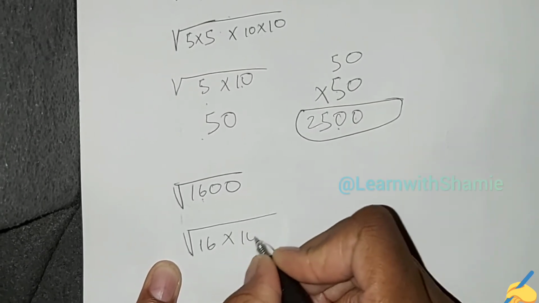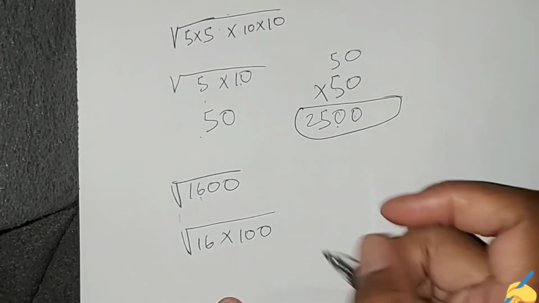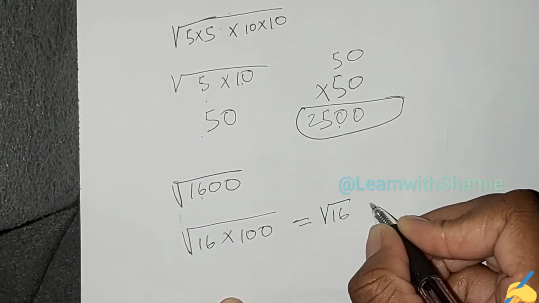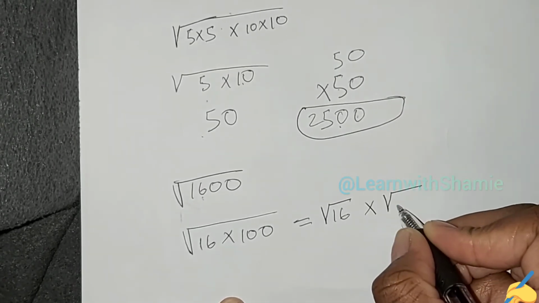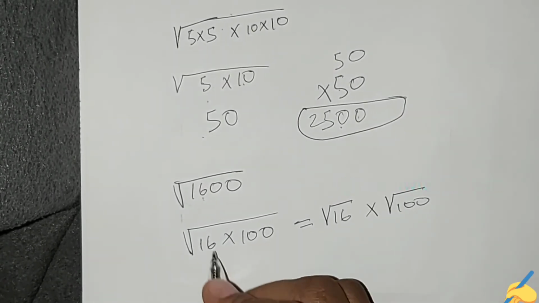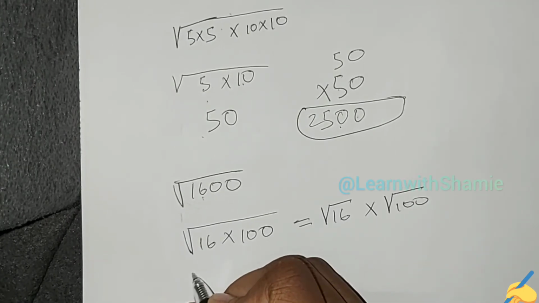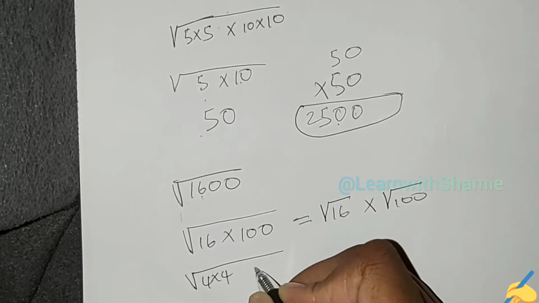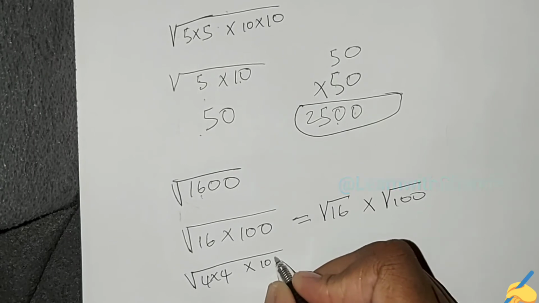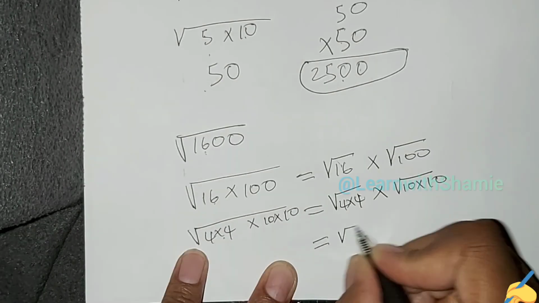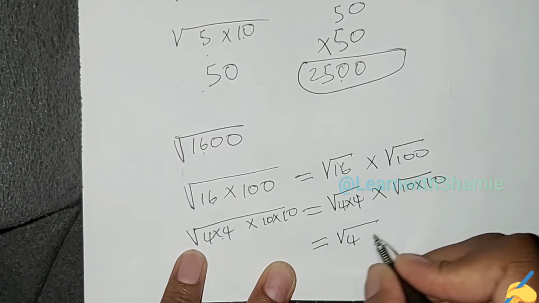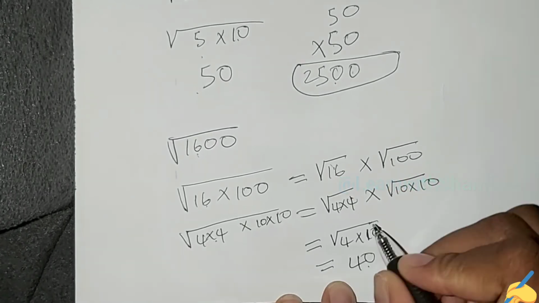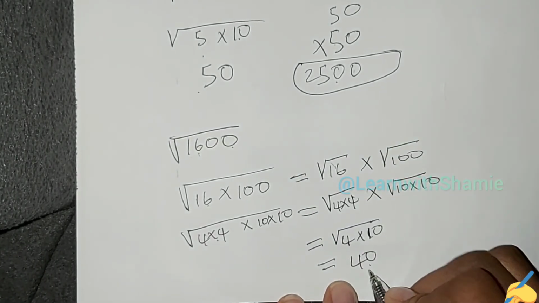You could then write it like this: the square root of 16 times the square root of 100, which is then written 4 times 4 times 10 times 10. You'd say 4 times 10. So 4 times 10 is 40. So the square root of 1600 would be 40.